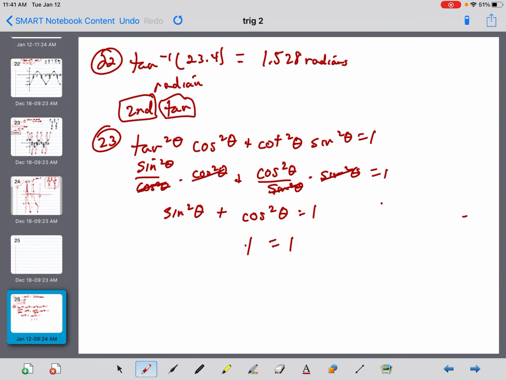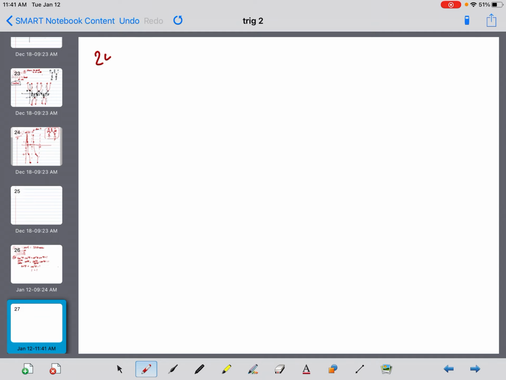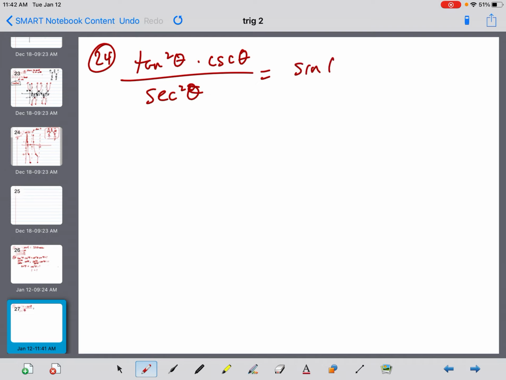All right, question 24. Got to do some rewriting in this one. So this one says tangent squared theta times cosecant theta over secant squared theta equals sine theta.